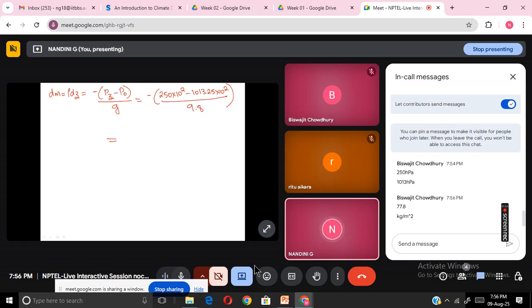So 250 hectopascal is 250 into 10 raised to 2 Pascal.